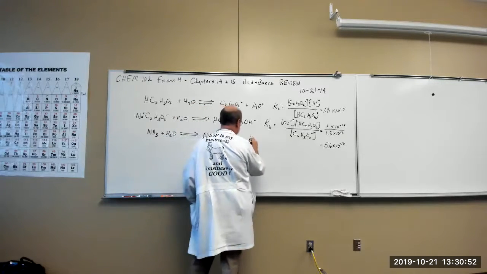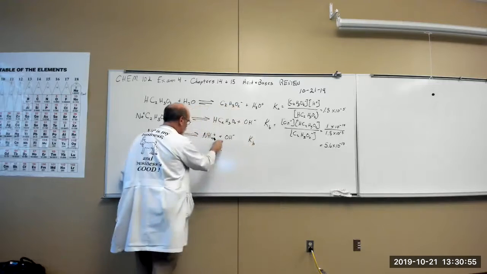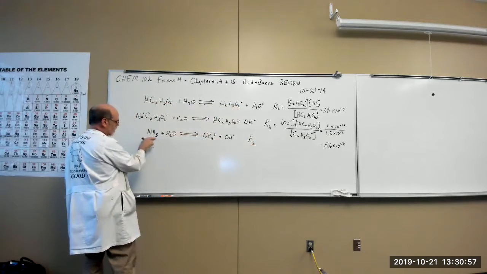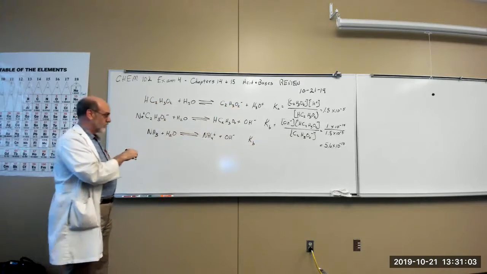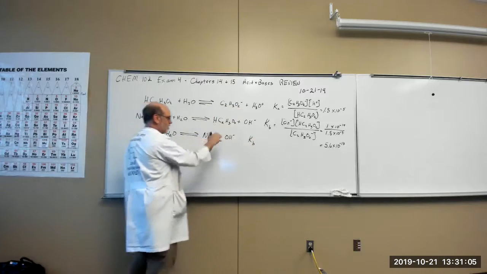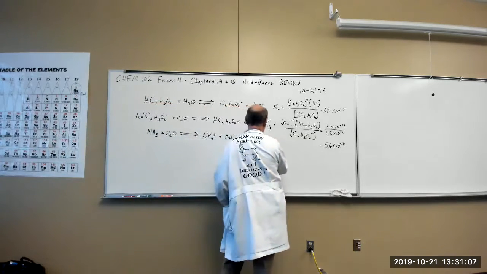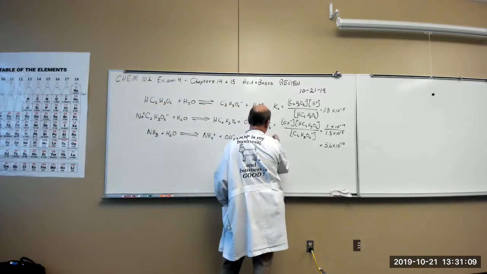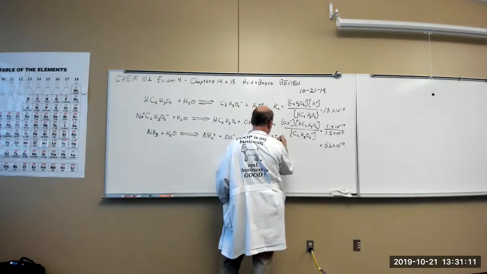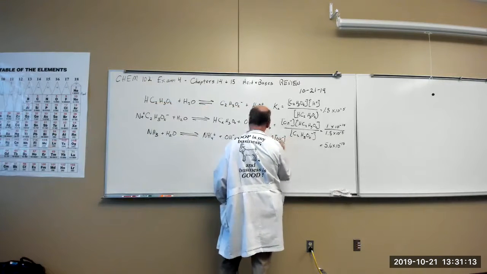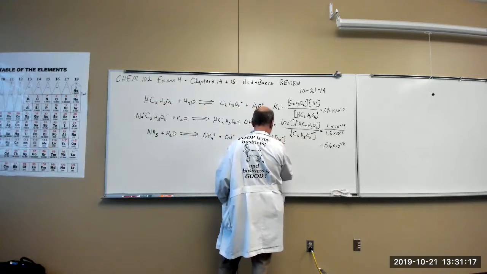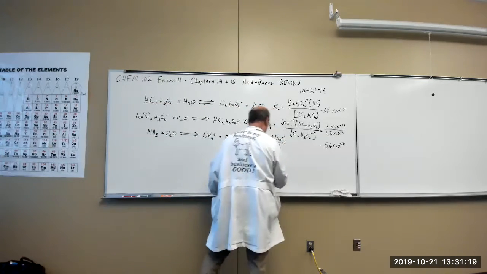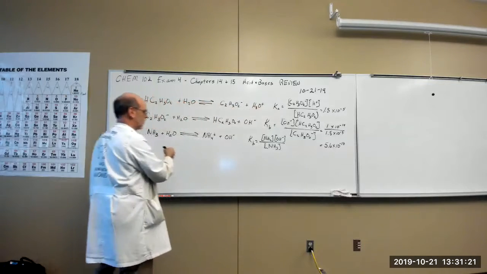So that gives us a Kb because we have the hydroxyl here and we have the hydrogen acceptor here. And the acceptor is a base. Right. So that has to be a Kb. And the expression would be, okay, and no water because water is pure.